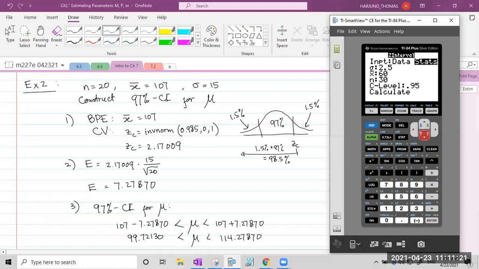The population standard deviation is 15. The sample mean is 107. The sample size is 20. The confidence level is 97%, but you need to write it in decimal, 0.97. And then you calculate. This is the output.